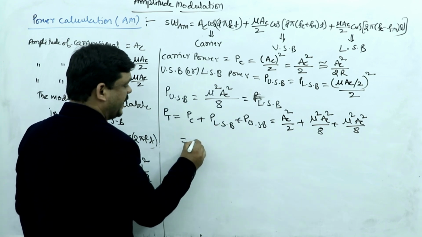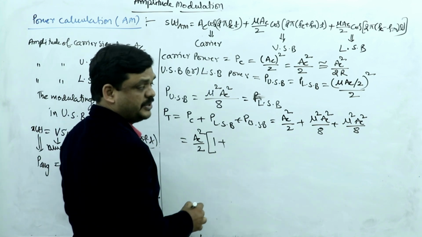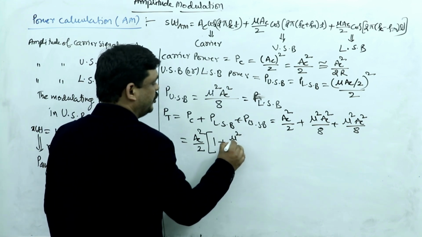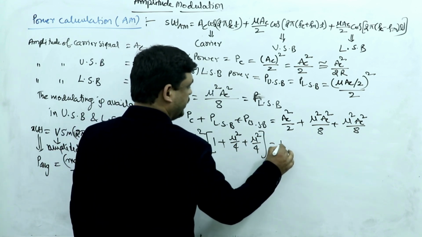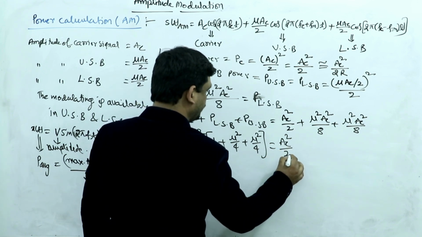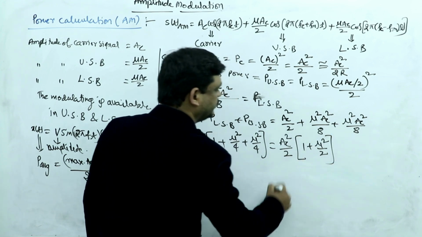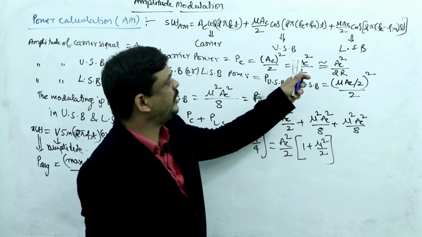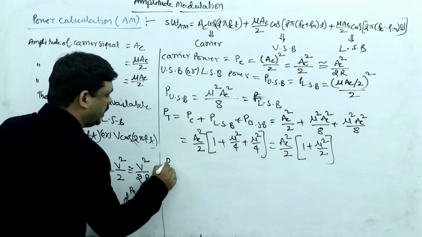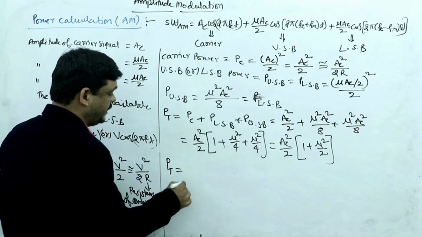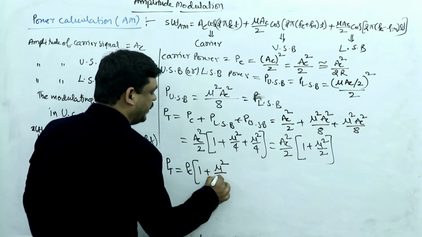Taking AC square by 2 common outside, the remaining equation becomes 1 plus mu square by 4 plus mu square by 4, which is equal to AC square by 2 into 1 plus mu square by 2. AC square by 2 is nothing but carrier power. So the final equation: total power of AM modulated signal is carrier power into 1 plus mu square by 2.